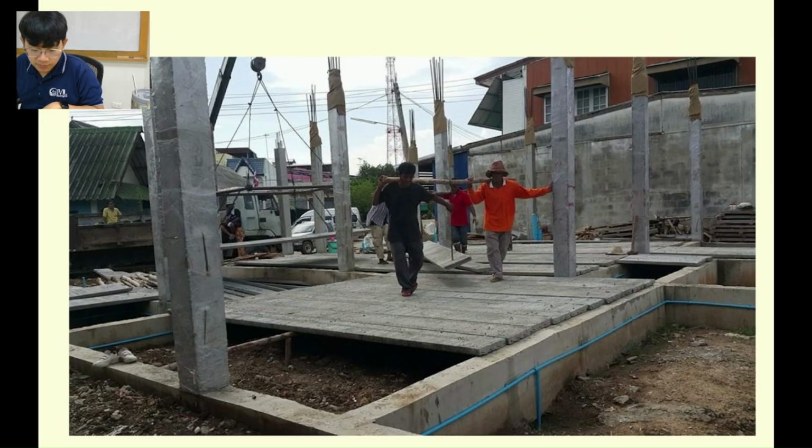For example, like this when we construct it, but this one is not a really good image. In a good one you're supposed to have the reinforcement from the beam in order to lock the precast slab with the beam.